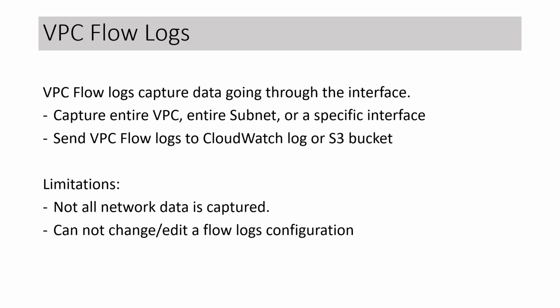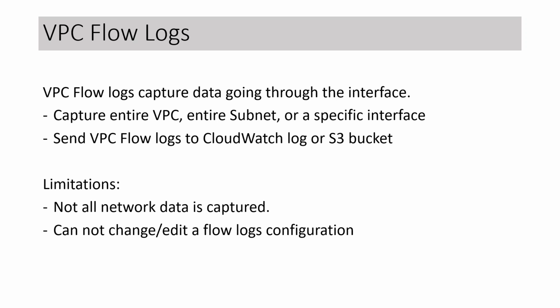Also, Amazon decides what you can get. There are some things it will not track, like calls to the metadata service. If you use Amazon's Windows update services, it won't track that network traffic either. There are a couple more, but those are the big ones.